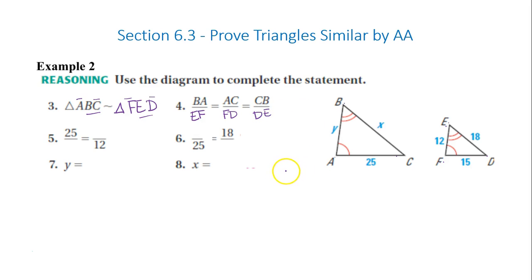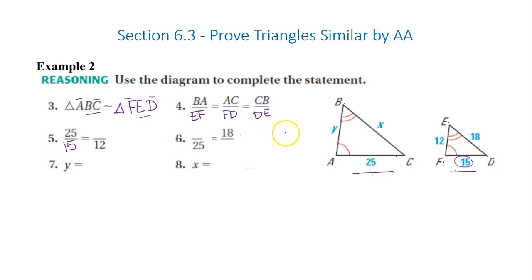Now number 5 and number 7 go along with this one. We have 25, so this side right here, and we're going to place the number from FD because these 2 sides correspond to each other. So write 15 under the 25.